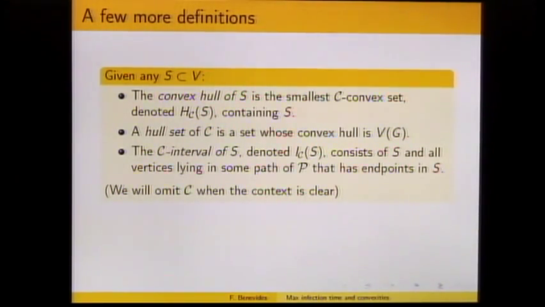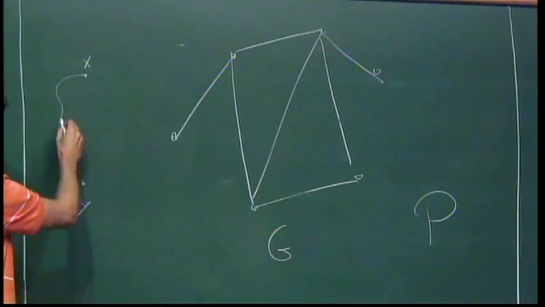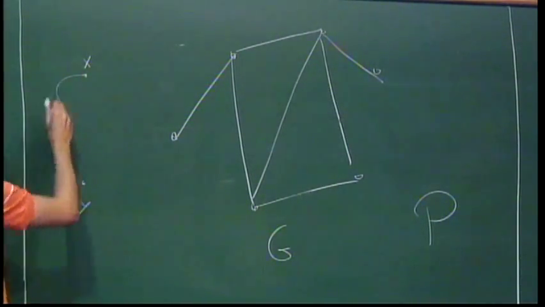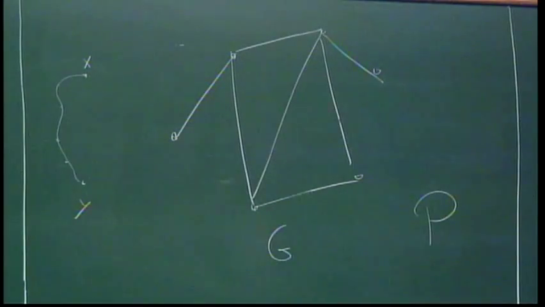And we have this important notion of an interval of a set. We think of an interval of 2 vertices as all the vertices which are in between these two, right? So if you have x and y, the interval between x and y is the family of all the vertices that belong to some path that has endpoints x and y, and which is in your family, right?